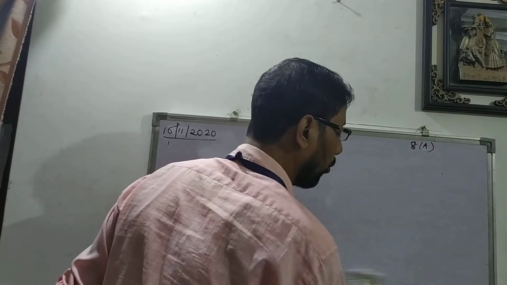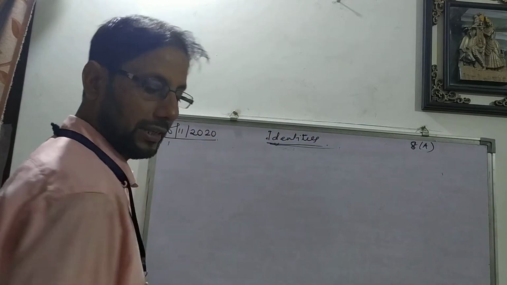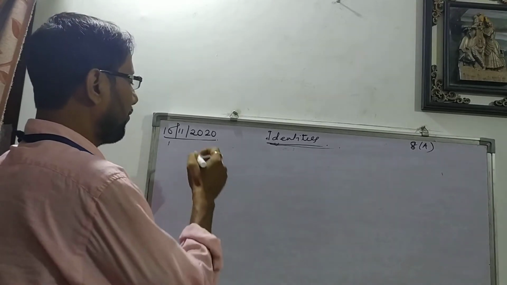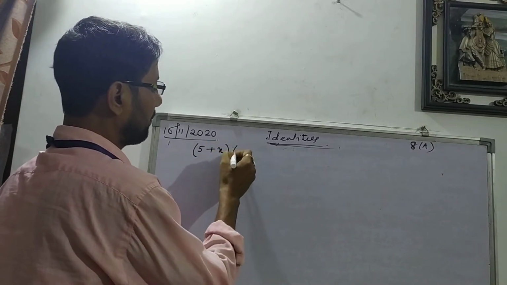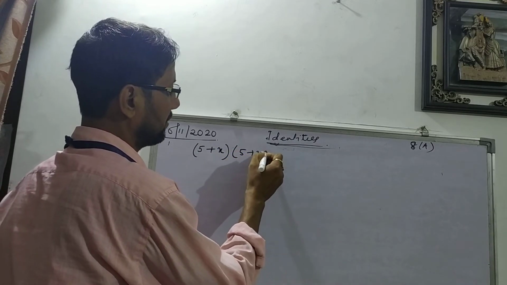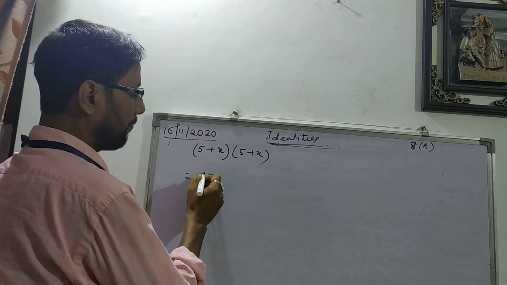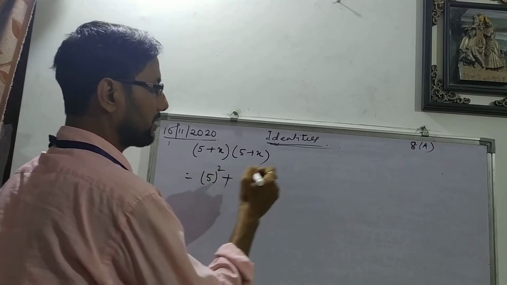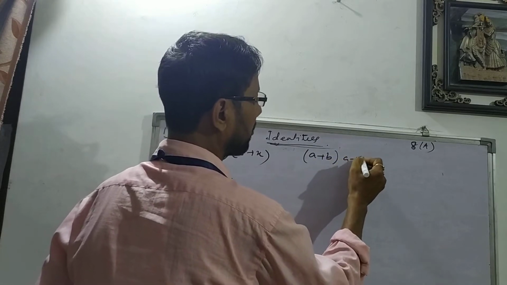Now see, few more questions I will give you now. Suppose it is given 5 plus x multiplied by 5 plus x, how much will I write? I will write 5 square plus, use this one, a plus b into a plus b.